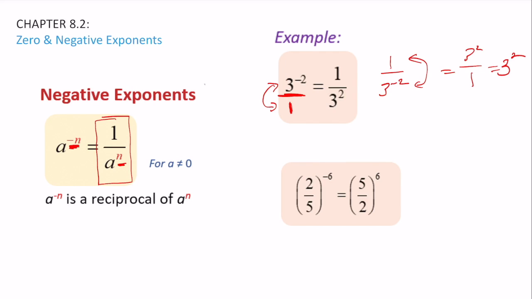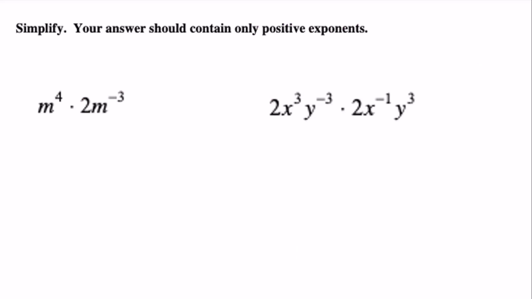So in this case, 2 to the 5th is being raised to the negative 6. And remember what we learned. We could think of that as 2 to the negative 6 over 5 to the negative 6, because it's applied to everything inside. And again, that negative is telling me that has to go down there, and this negative is telling me that has to go up there, and you just end up with 5 over 2 to the 6th power.